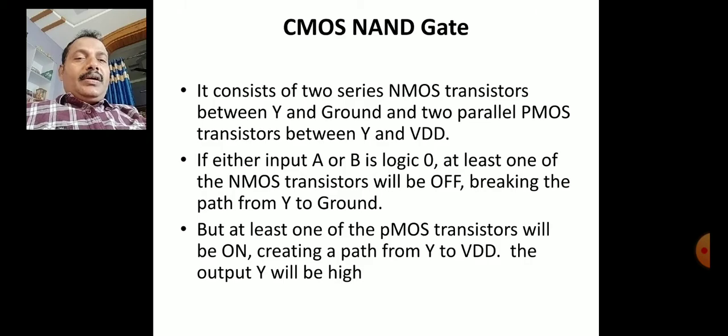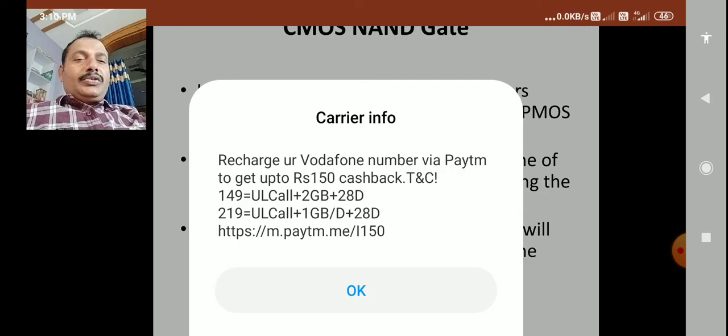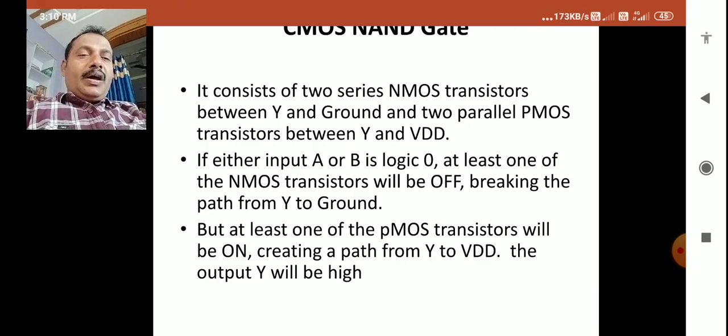If either input A or B is logic 0, at least one of the NMOS transistors will be off, breaking the path from Y to ground. But at least one of the PMOS transistors will be on, creating a path from Y to VDD.